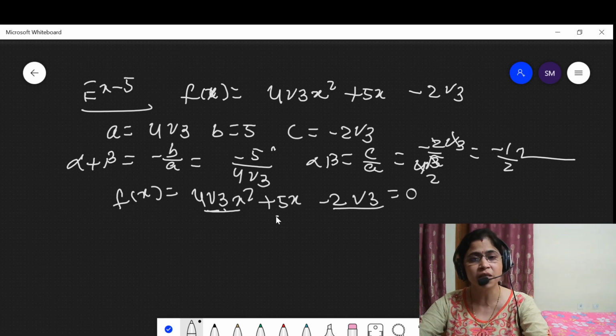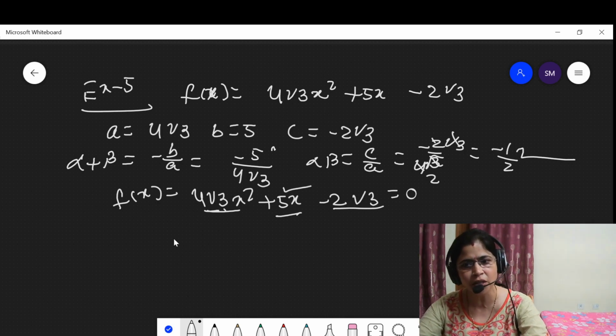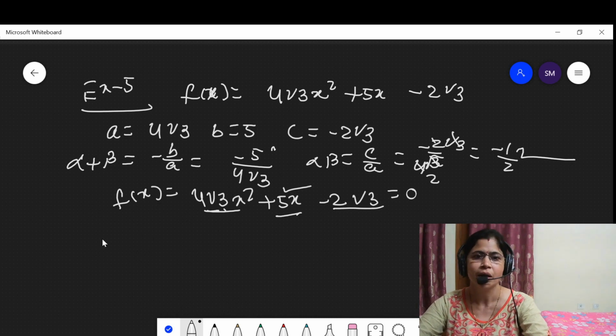Then we must split the middle term in such a way that when we add, we get 5x, and when we multiply, we get minus 24x square. Then split in this way. This is the middle term split.